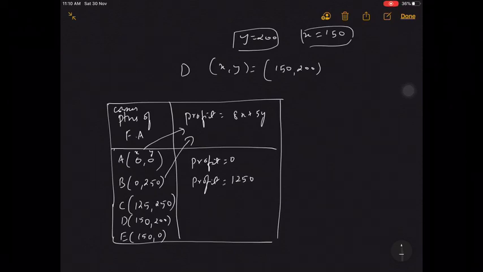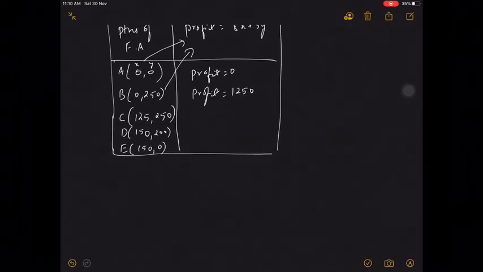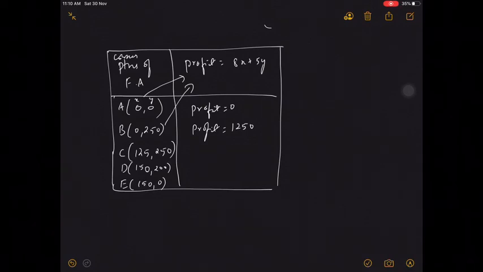Then next is C: put x as 125 and y as 250. You get 2250.